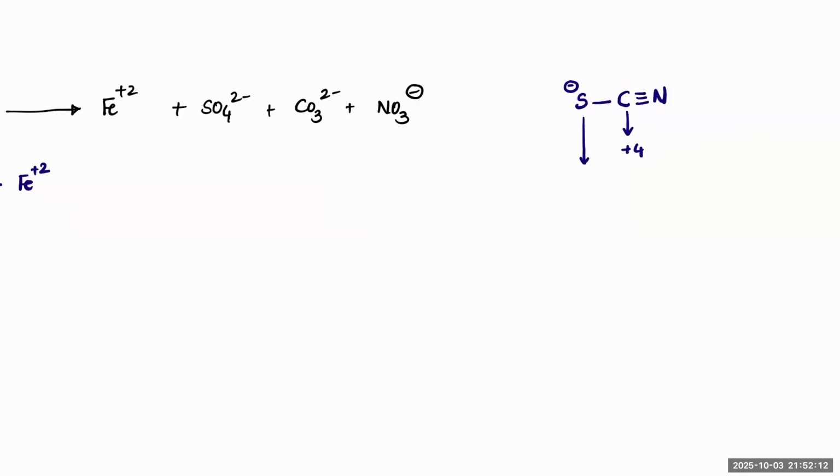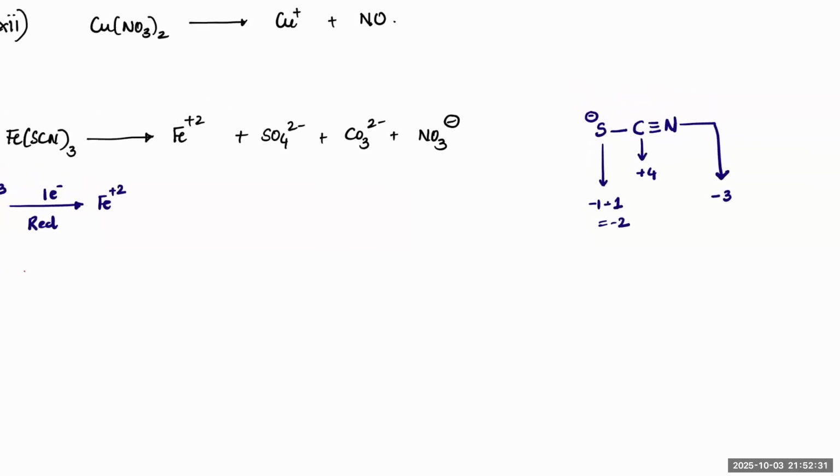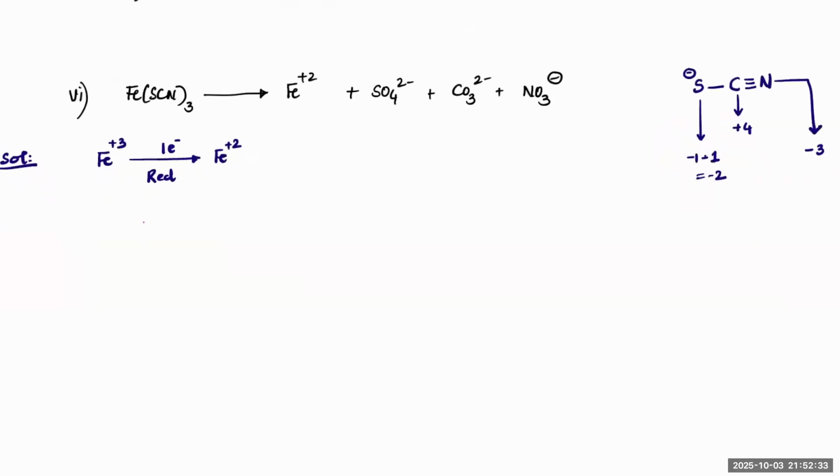And now sulfur already has a -1 charge, and it has pulled 1 electron towards itself. So that makes it -2. While nitrogen has a -3 charge, correct? Why? Because it is pulling electrons all the way from carbon. So -3. These are their oxidation states.